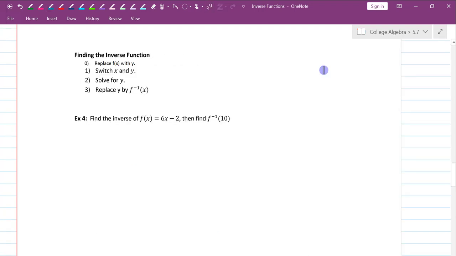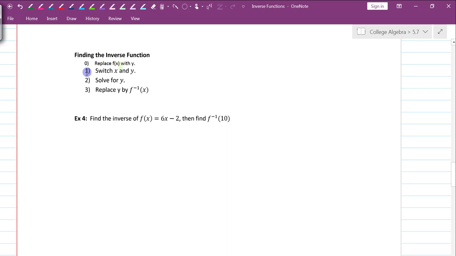Okay, so we have 4 steps here for finding the inverse function. You're going to notice that your notes do not have step 0 on it, but it is really the very first step that we have when we're looking for the inverse. So add that onto your notes, and make sure you remember that when we're actually solving for the inverse function. Step 0, we're going to replace f of x with y.